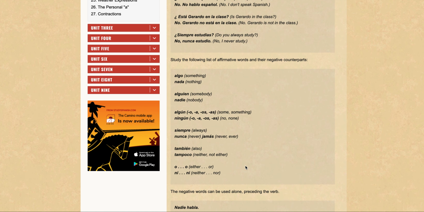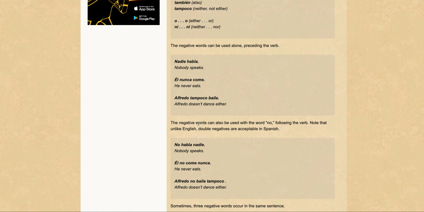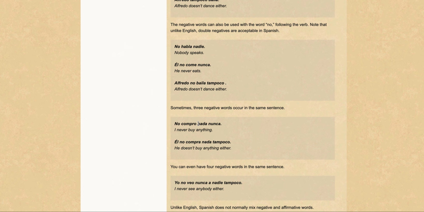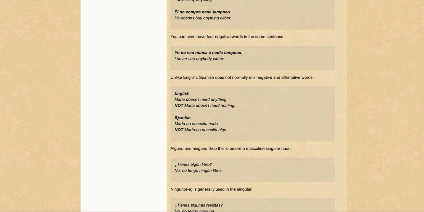We've also seen opposites or antonyms, like algo and nada, alguien and nadie, algún and ninguno, siempre and nunca. Negative words can be used alone, preceding the verb, or with no before the verb. This is what we saw in the last video.